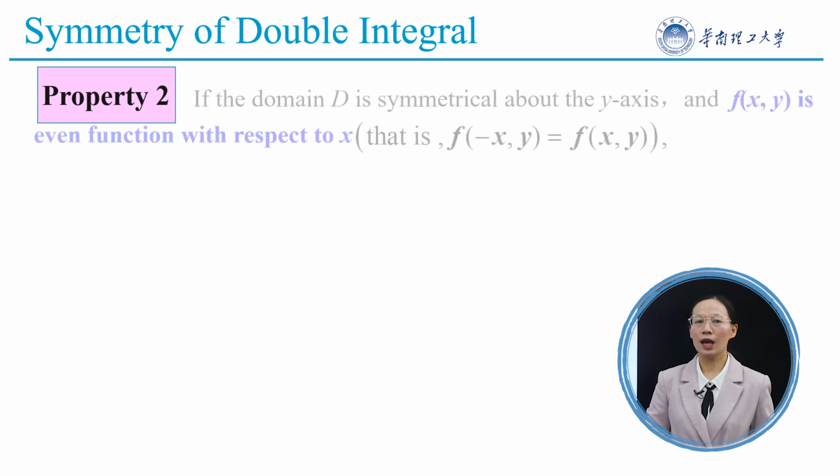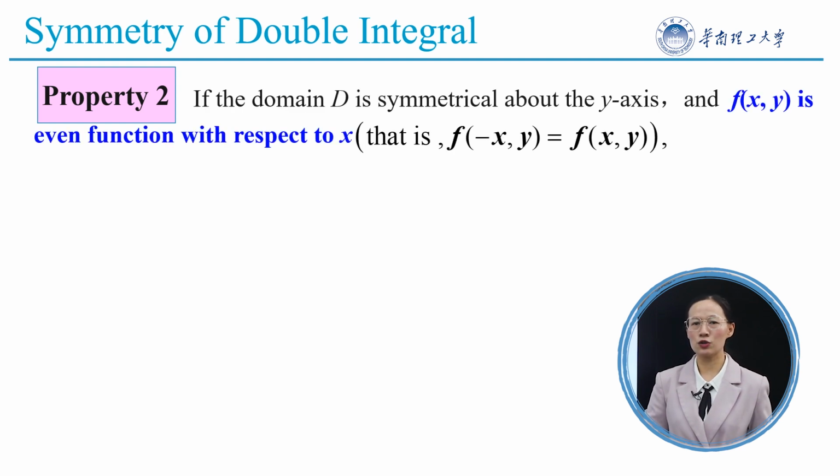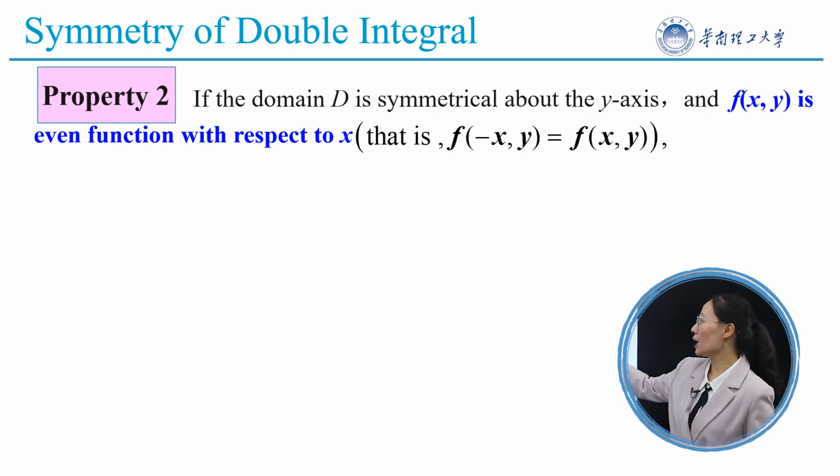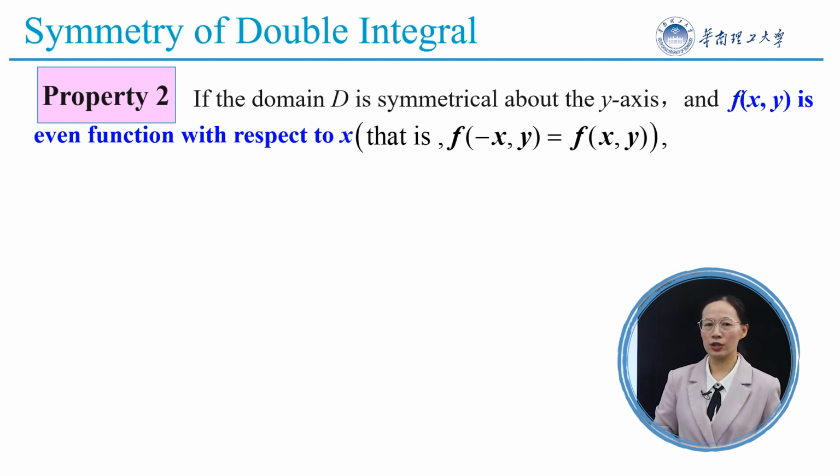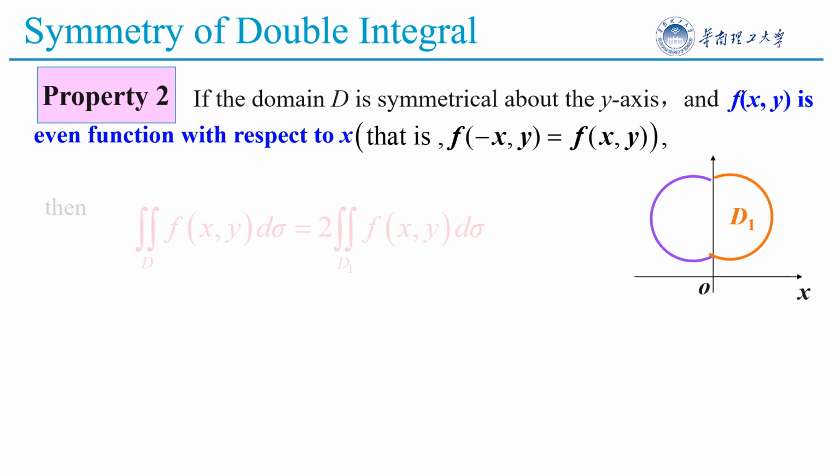Property 2. If the domain D is symmetrical about the y-axis and f(x,y) is an even function with respect to x, that is, f(-x,y) is equal to f(x,y), as in the picture on the right side, then the double integral of f(x,y) on region D is equal to 2 times the double integral of f(x,y) on region D1.